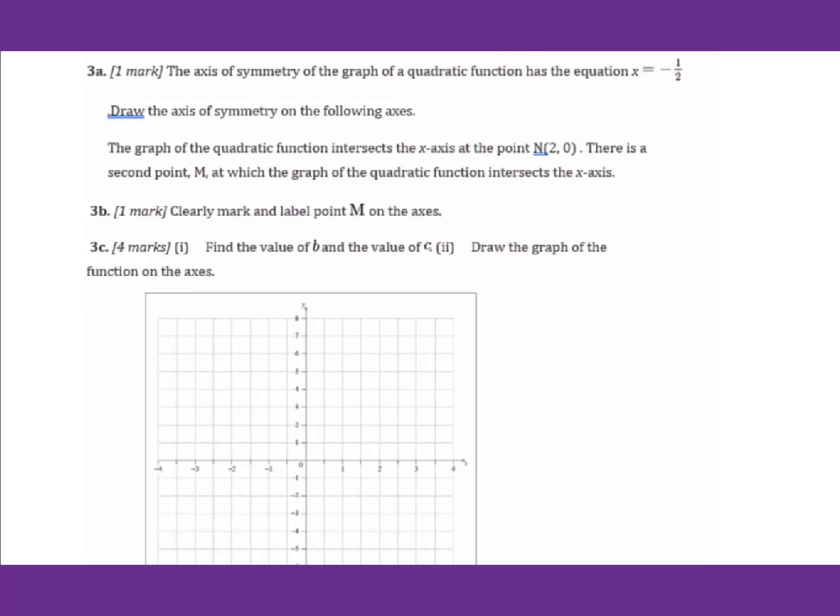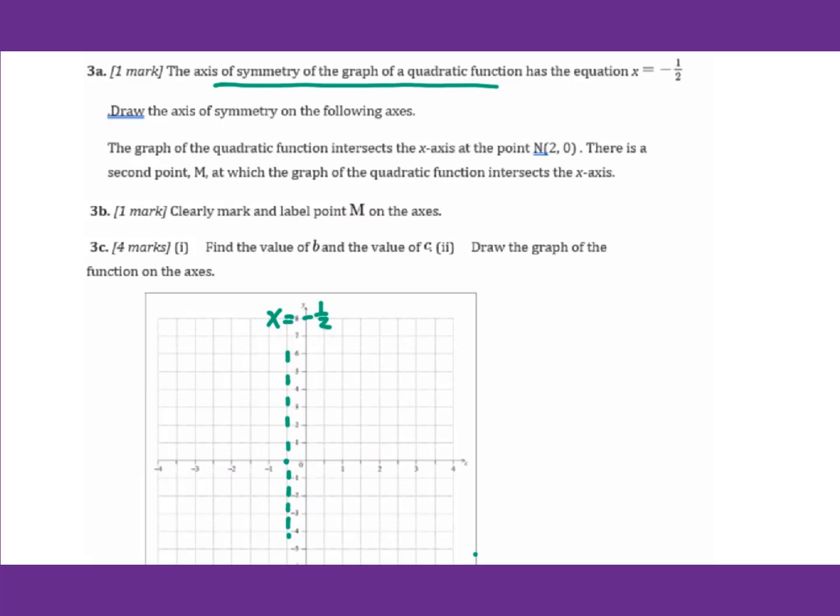Let's go to 3A. The axis of symmetry of the graph of a quadratic function has equation x equals -1/2. Draw the axis of symmetry on the following axes. You will find -1/2 is here. x equals -1/2.